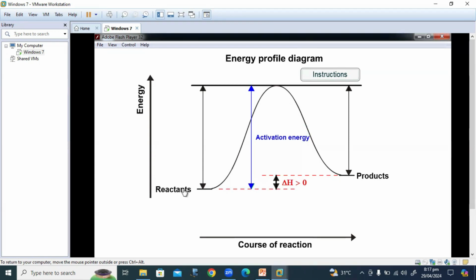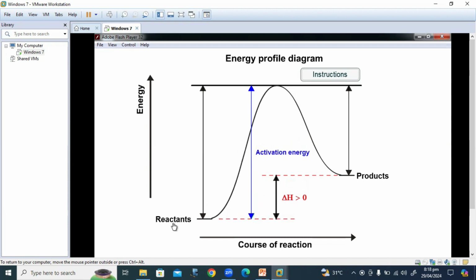Now just see that the reactant is at the lower energy and the product is at the higher energy. We can see that delta H is greater than 0 at that time. Again, it's an endothermic reaction, delta H is greater than 0. It has to absorb the energy to be converted into product.